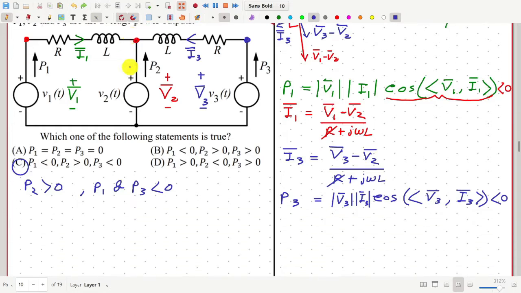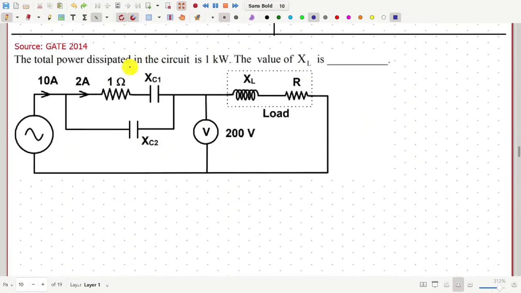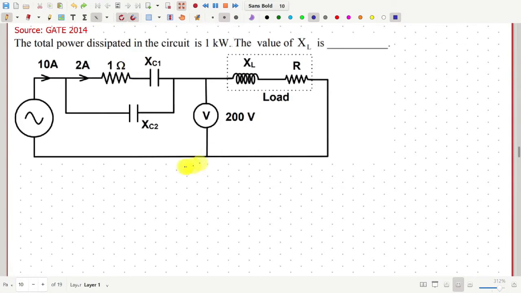So let us move to the next question. In this circuit, we have a voltmeter with a reading of 200 volt, and the total power dissipated in this circuit is 1000 watt. From this, we have to find the value of XL.